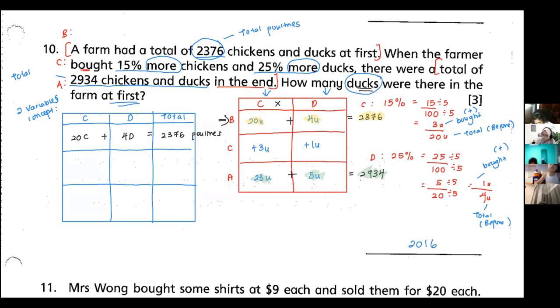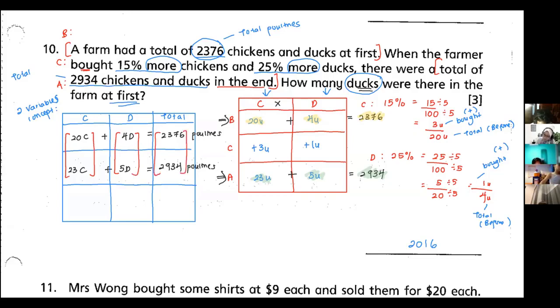The next line will be this one. 23 chicken plus 5 duck equals 2934 poultries. Okay. Now, what are we going to do? We are going to find the difference between these two information.